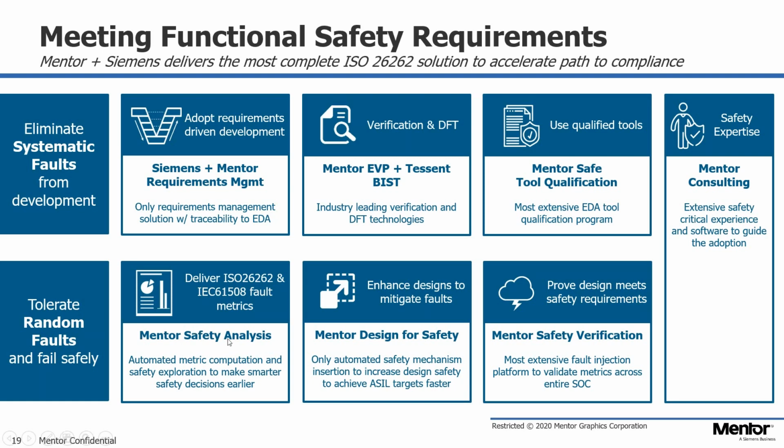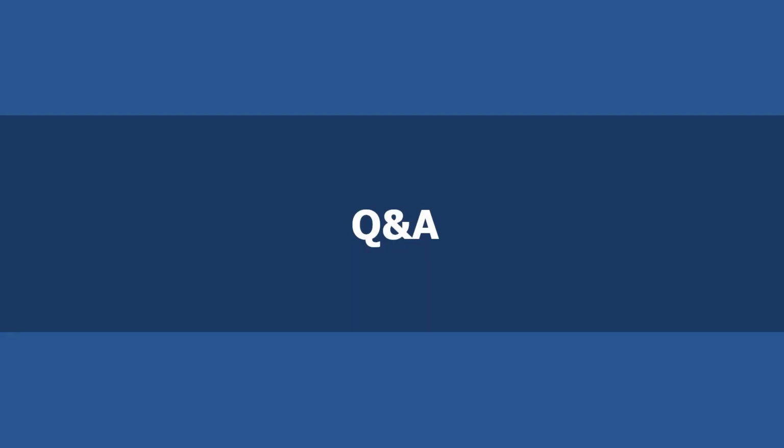To tolerate random faults, we run safety analysis. I talked about this in detail. And then also I touched briefly the design for safety and the safety verification tools. Means we are in a situation now to provide a complete flow as well as for systematic faults as well as for handling random faults. And this concludes my presentation for today. I am open and available for all kinds of questions.